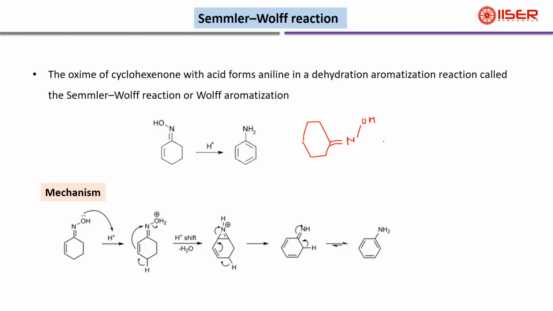In the case of Beckmann reaction, if it is catalyzed by acid, this OH will take this proton and leave as water, and this anti bond will migrate to nitrogen, generating a 7-membered ring with the carbocationic center here.